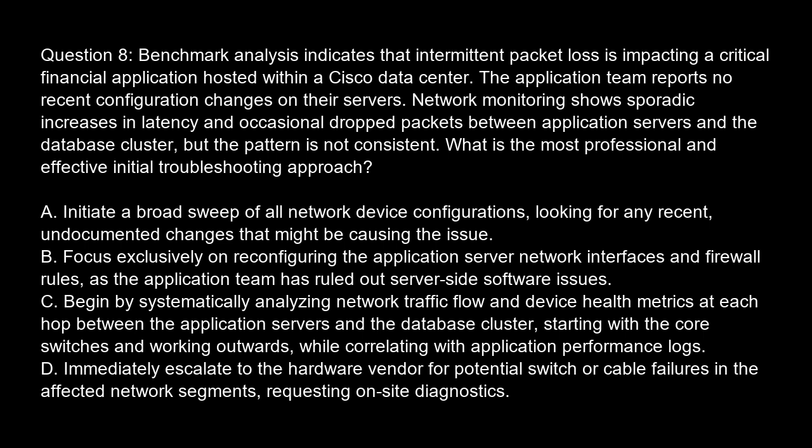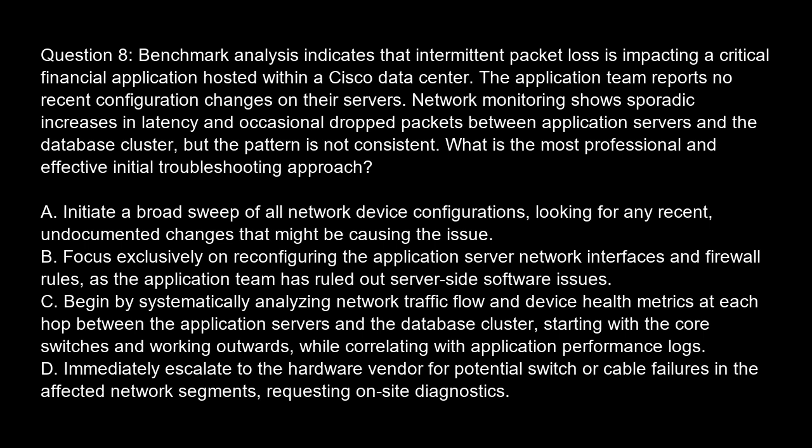Option A. Initiate a broad sweep of all network device configurations, looking for any recent, undocumented changes that might be causing the issue. Option B. Focus exclusively on reconfiguring the application server network interfaces and firewall rules, as the application team has ruled out server-side software issues.